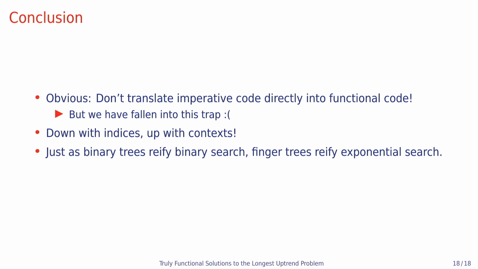Indices are fine for array access, but probably not fine for accessing functional data structures. And it was at least new to us that finger trees reify exponential search as binary trees reify binary search. Thank you.